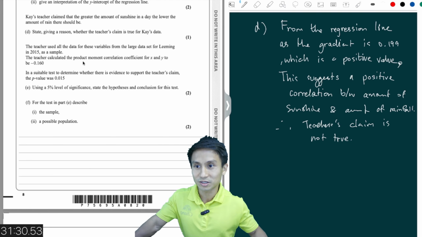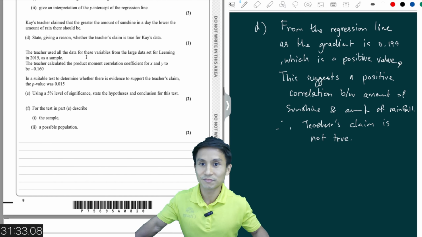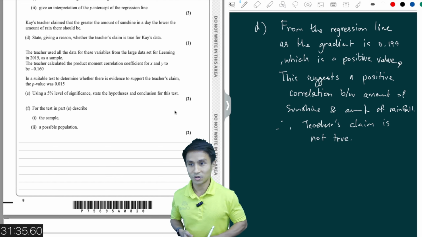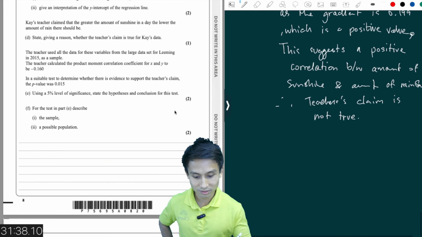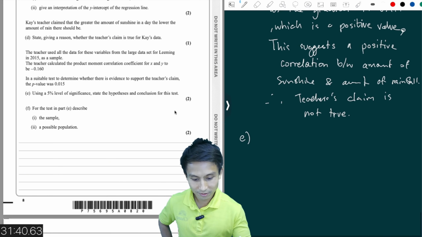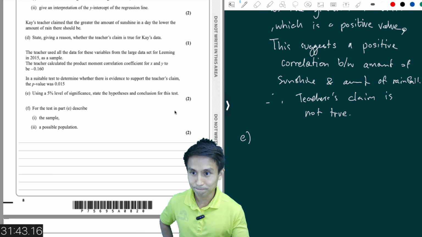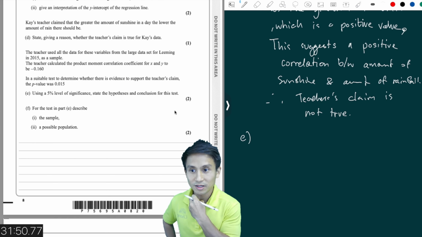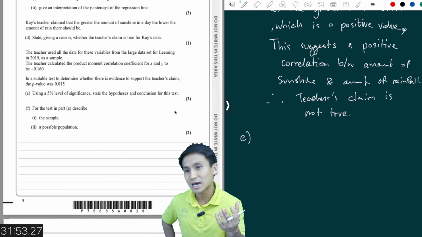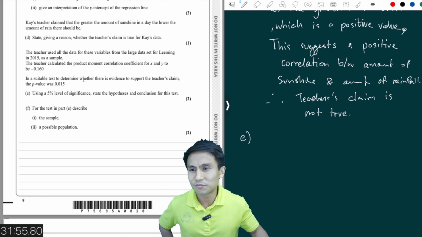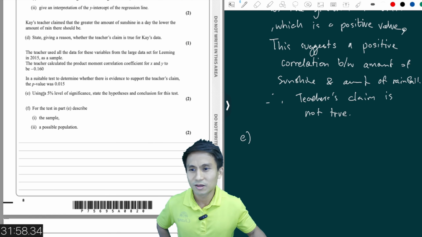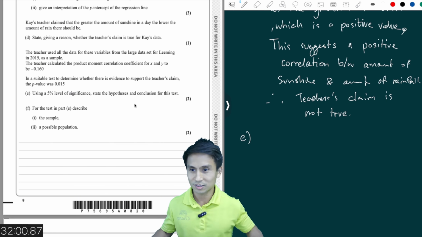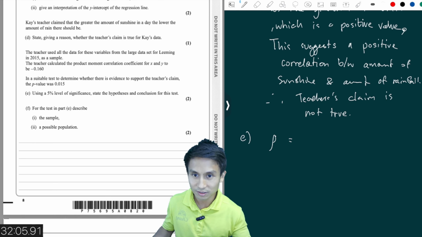Okay, so this is hypothesis testing for product moment correlation. The teacher calculated the product moment correlation coefficient. Suitable test, 5% significance. So let's open the table.